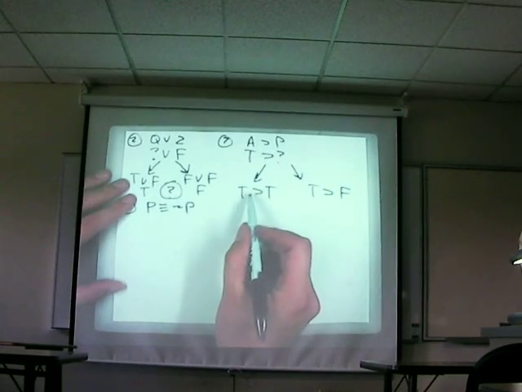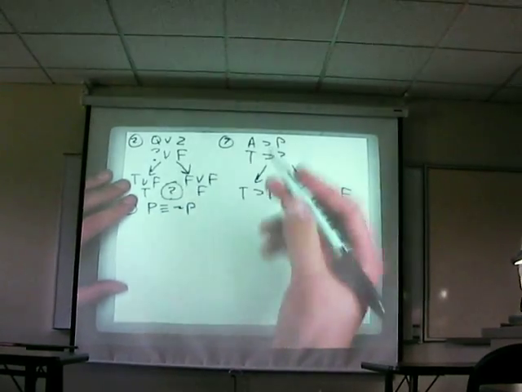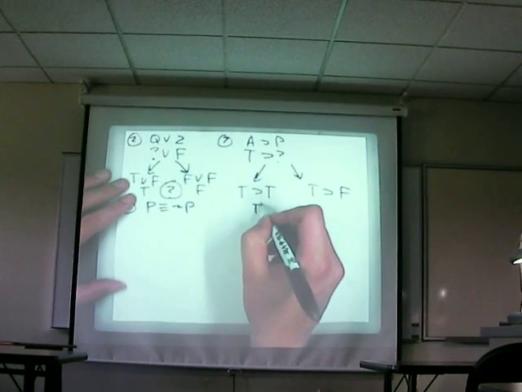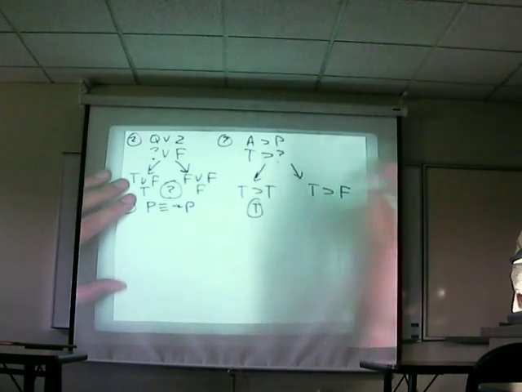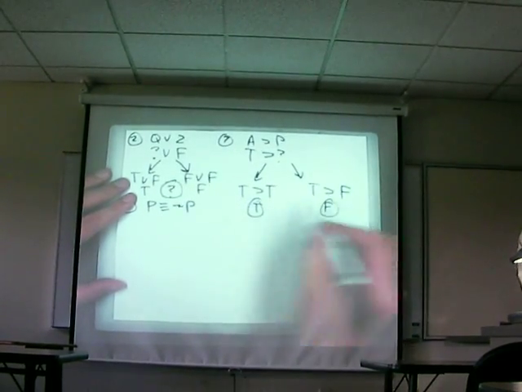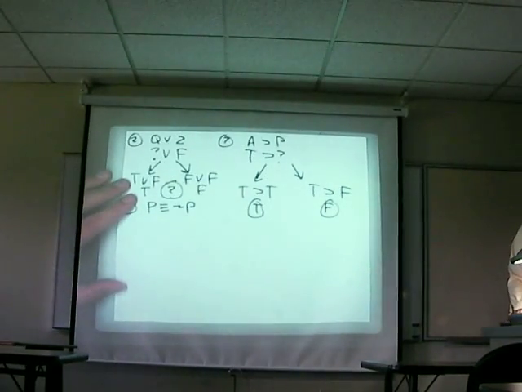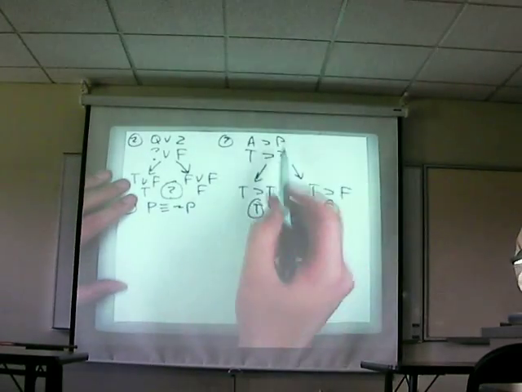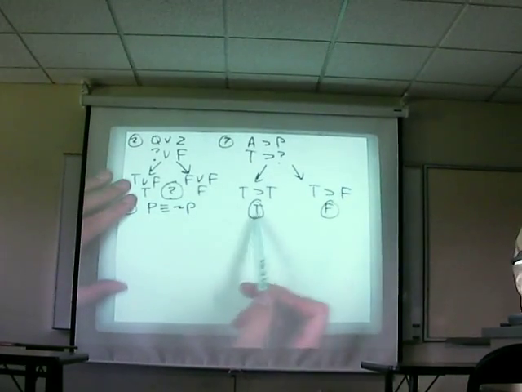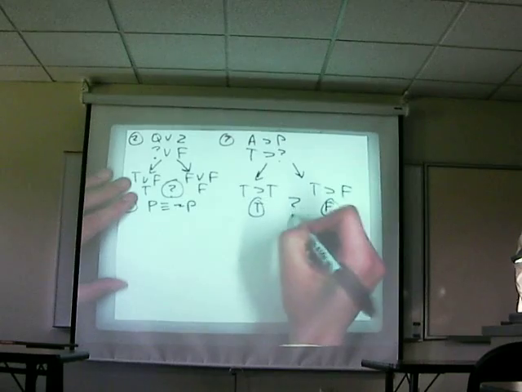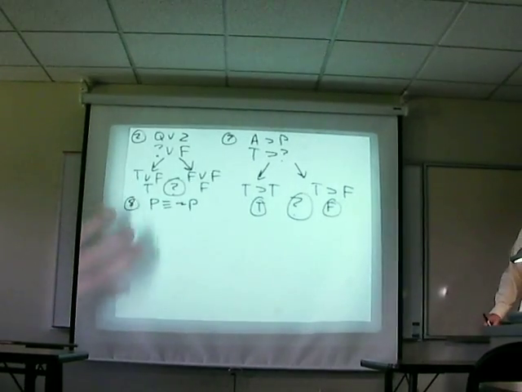What's the value of T horseshoe T? Well, T horseshoe T turns out to be true, whereas T horseshoe F, that's our special case, turns out to be false. So just as we saw in problem number 2, the overall value of the statement is contingent upon the value of P. It could turn out to be true, it could turn out to be false. So this too turns out to be one big question mark.